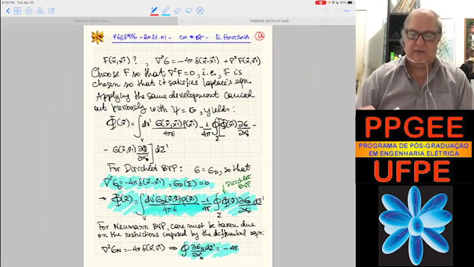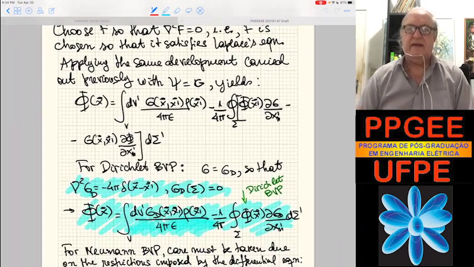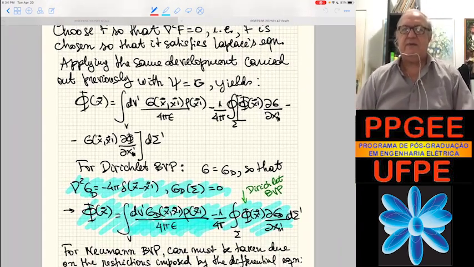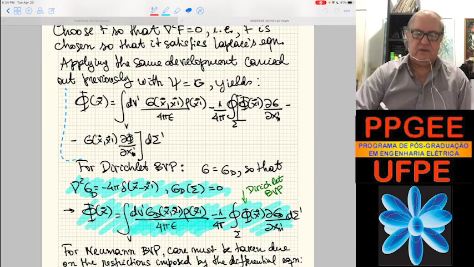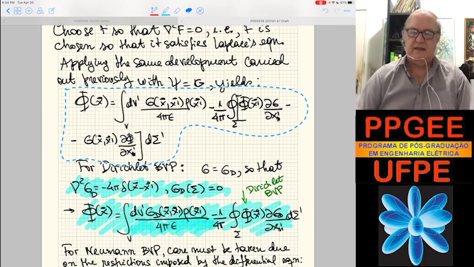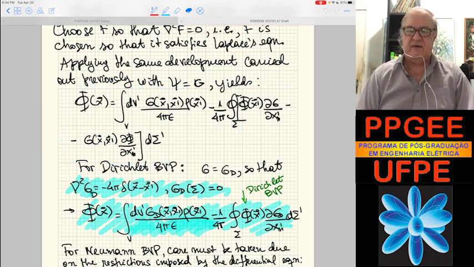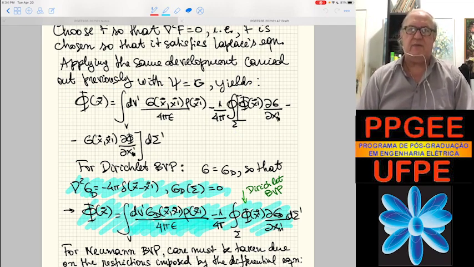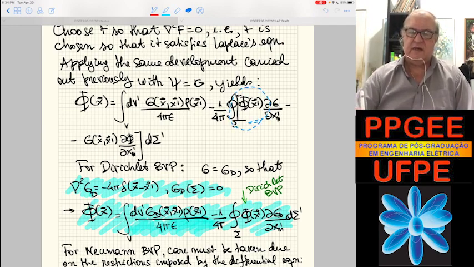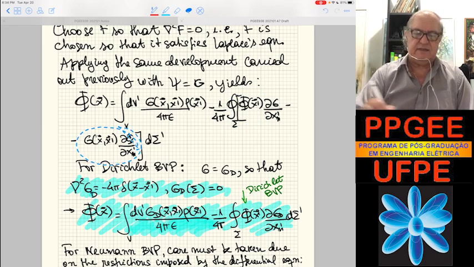So that's how we end up in our formal representation of the solution. We have this solution here, right? And all we have now is to solve for G. But now, how do we solve the Dirichlet boundary value problem? Well, I just make sure that I only need this information here, and this term here vanishes.